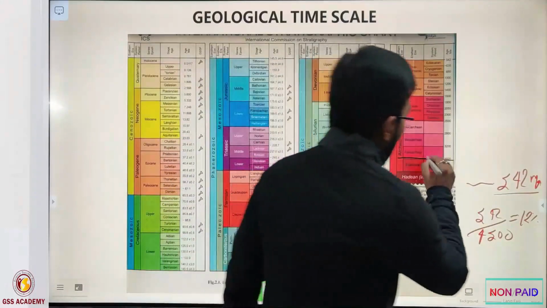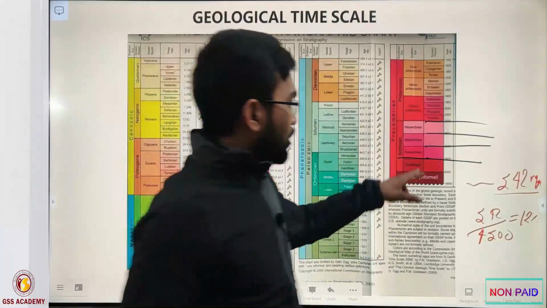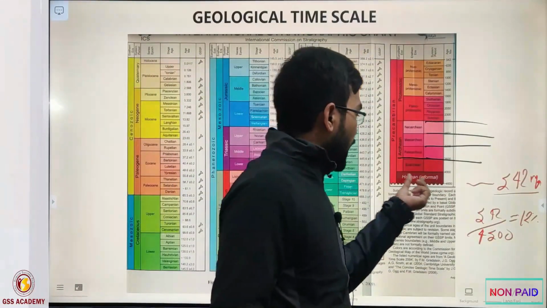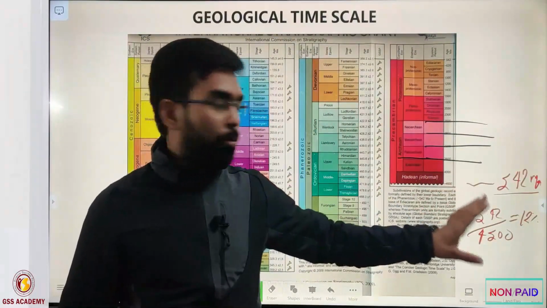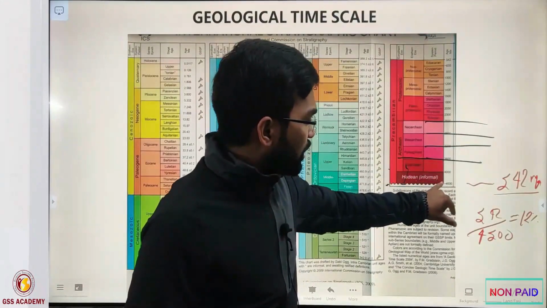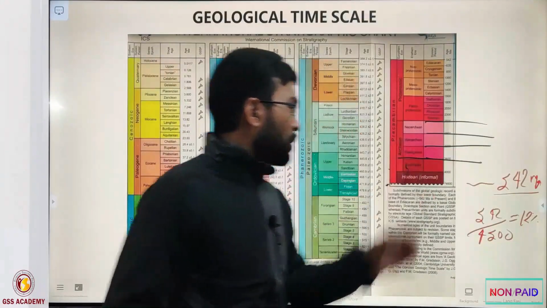The ages of these are broadly important. You should remember that before 4,000 million years is the Hadean, informally, but the lower limit is still a matter of debate. So more or less 4,600 to 4,000 is a time period called the Hadean.